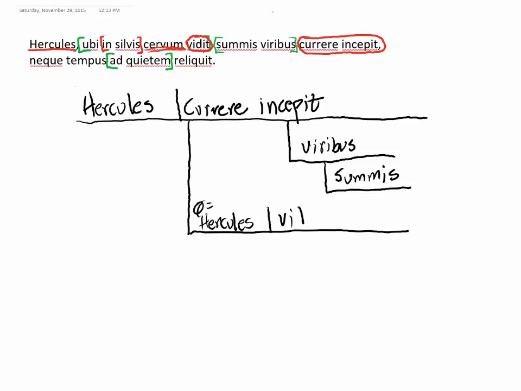Vidit is our verb. And then we have a direct object, ceruum. And then, of course, in siluis is itself an adverbial modifier, so we'll just drop that down like any old prepositional phrase off of the verb.